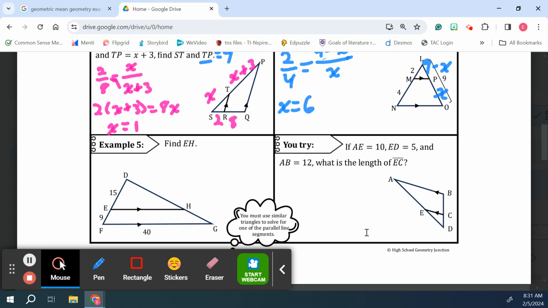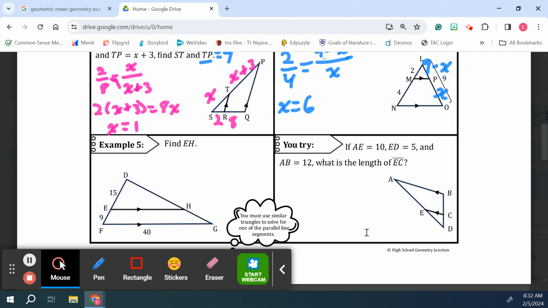Wait, don't you just do 15 plus 9 and then 40 and then you do 24? So 24 squared equals 40 squared.